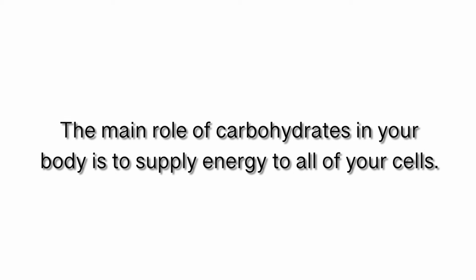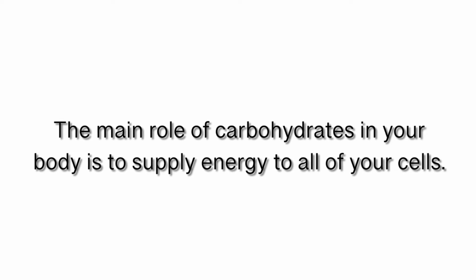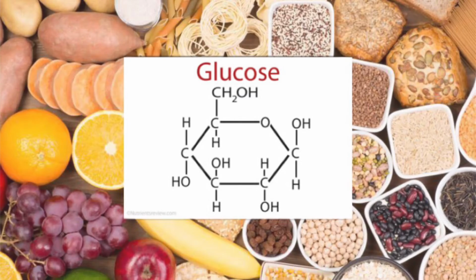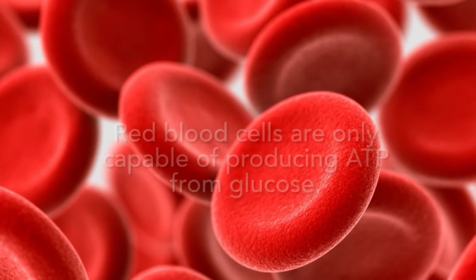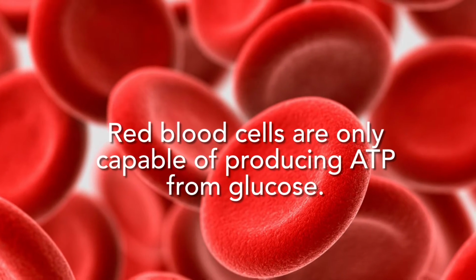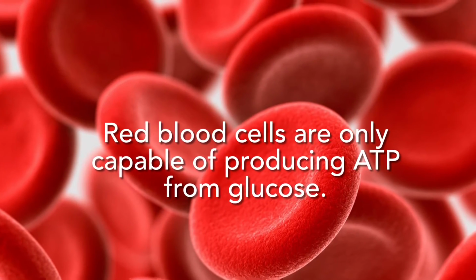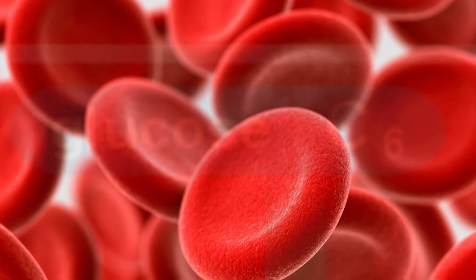The main role of carbohydrates in your body is to supply energy to all of your cells. Many cells prefer glucose as a source of energy over other compounds such as proteins or fatty acids. Some cells, such as red blood cells, are only capable of producing ATP from glucose.